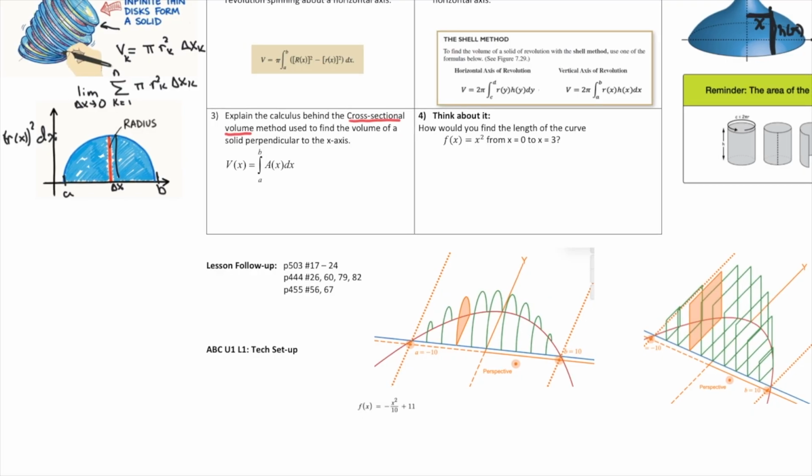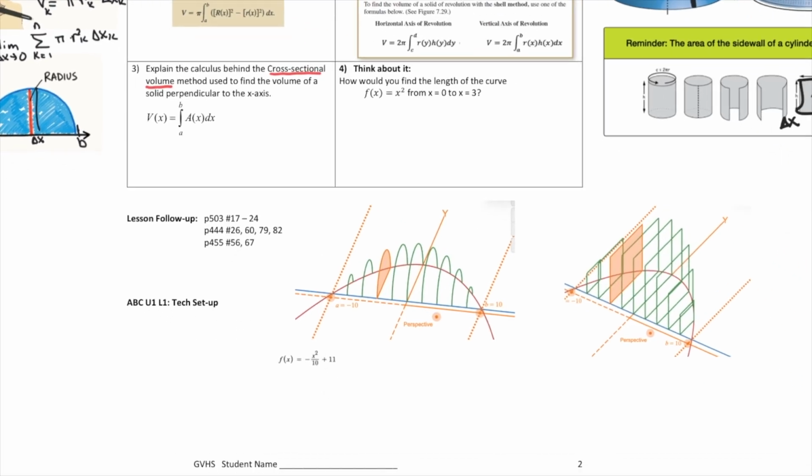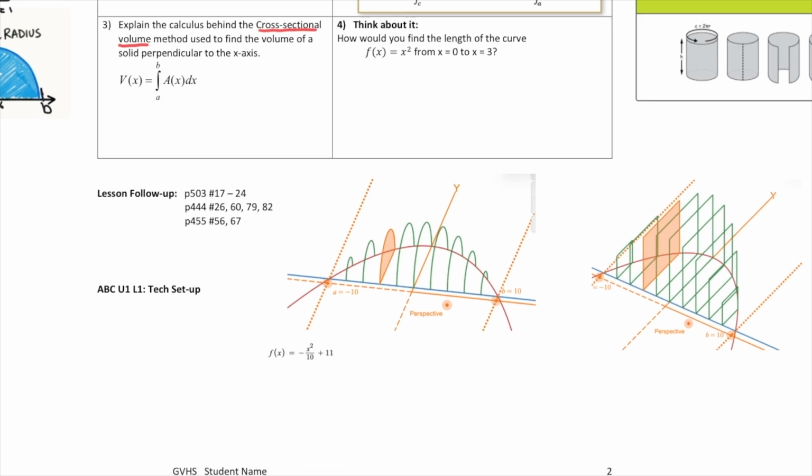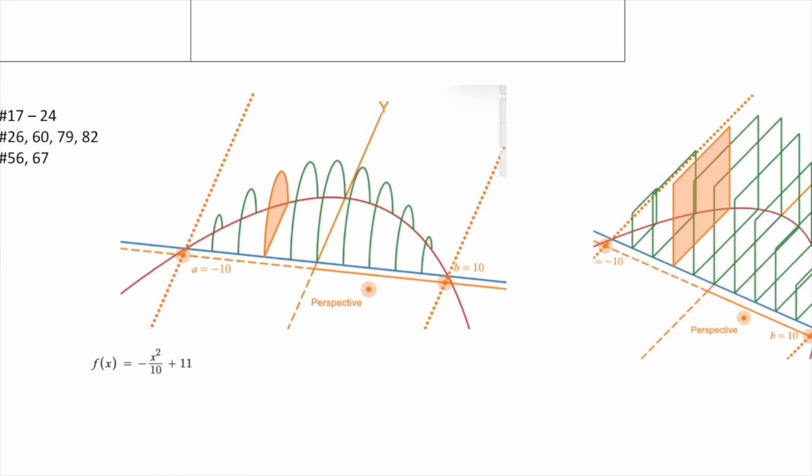Next, let's consider the calculus behind cross-sectional volume. So for cross-sectional volume, your shapes can take on semicircles, squares, triangles, whatever you are asked to find in terms of the cross-sections. Essentially what's happening is you're given a function that we're going to build through cross-sections, a volume that comes up off the base of the function and into the z-axis.